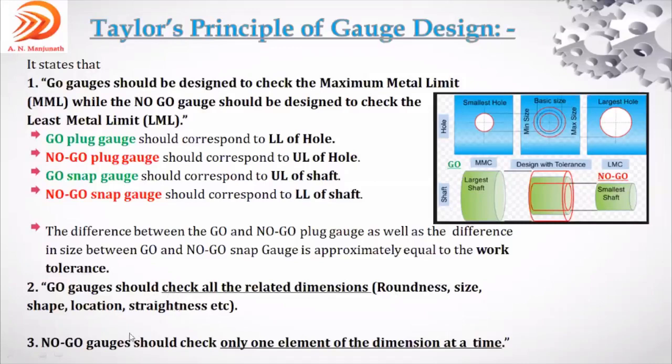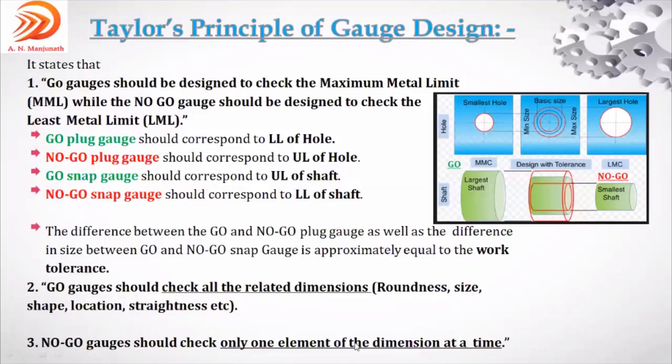The third one: no go gauge should check only one element of the dimension at a time. Either it can be the roundness or it can be the straightness. It can't be all. No go gauge should check only one element.